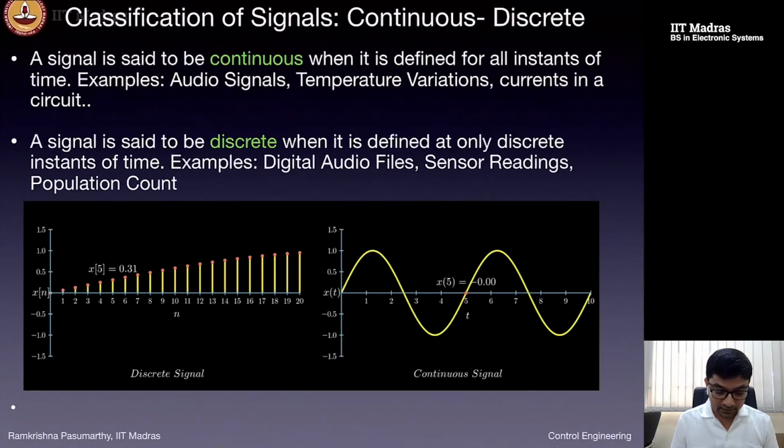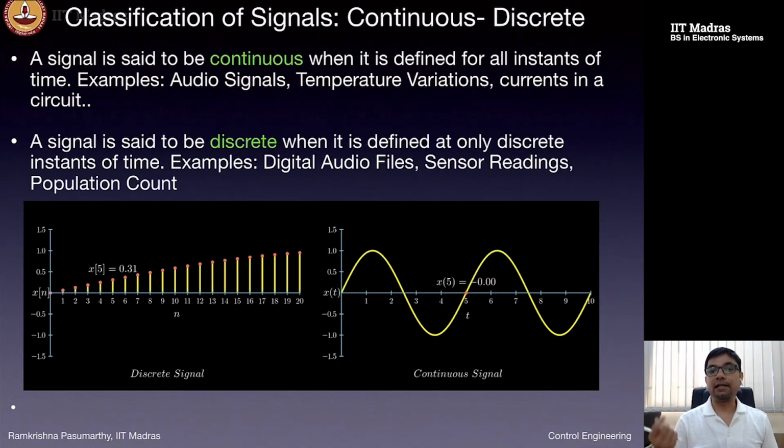Next, we can have a signal that is either continuous in time or discrete in time. Typical examples of continuous signals would be audio signals or voltages and currents. A signal is said to be discrete when it is defined only at discrete instances of time, like digital audio files.